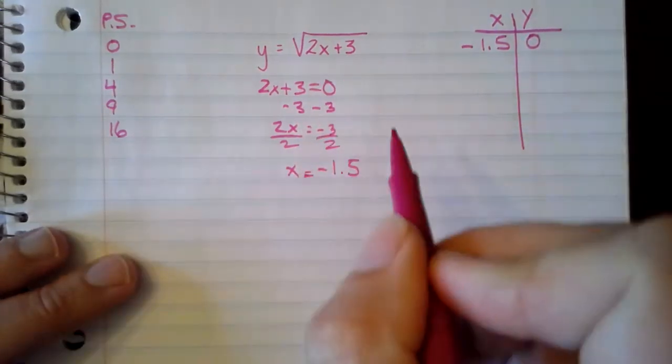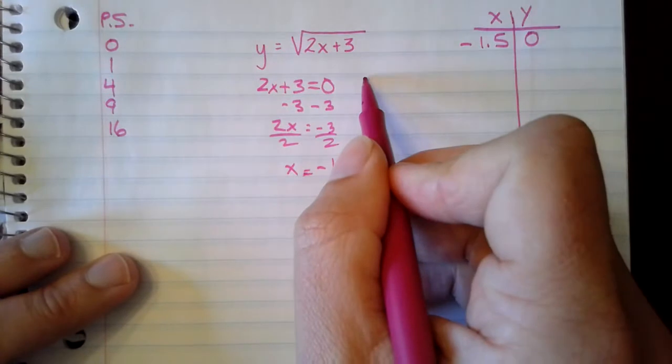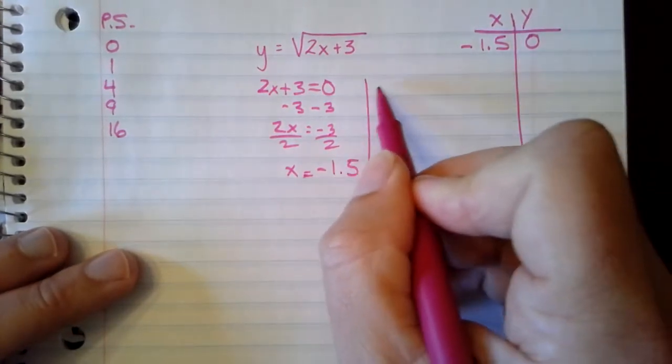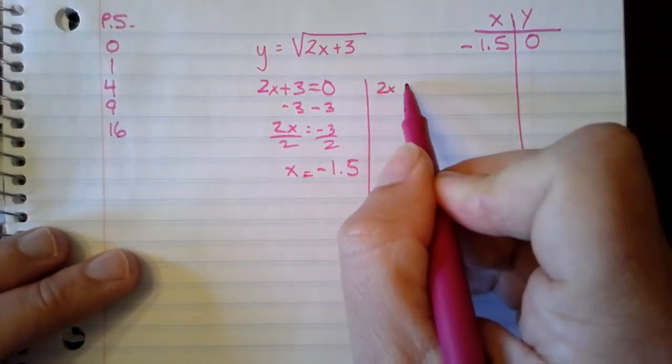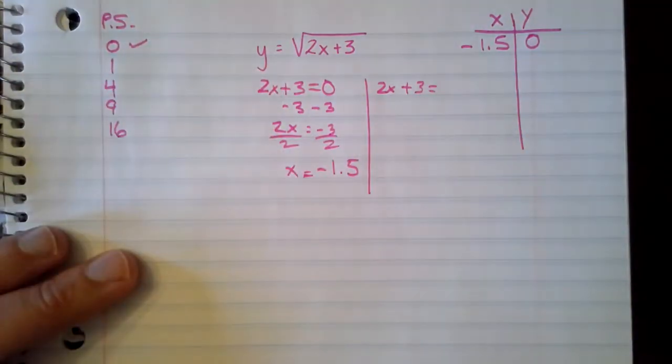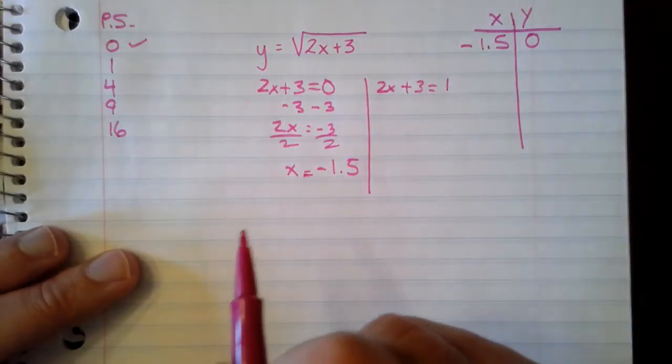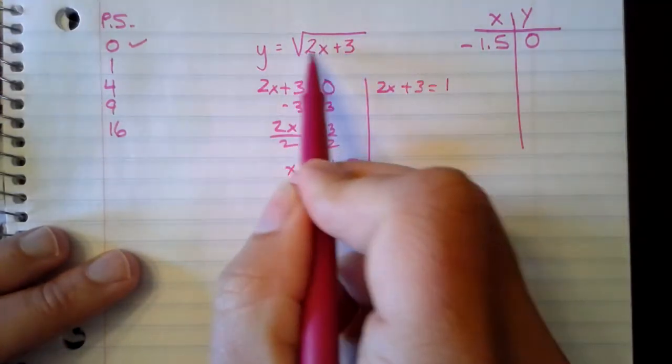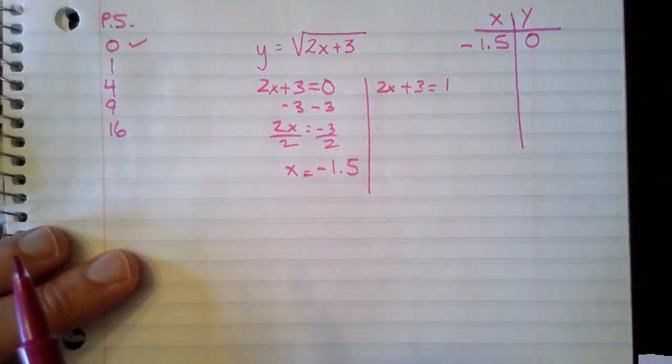Now, the next one I'm going to do right next to it. I'm going to make my radicand 2x plus 3 equal to the next perfect square number from my list. I'm going to make it equal to 1, because if this is equal to 1, the square root of 1 will also be 1.